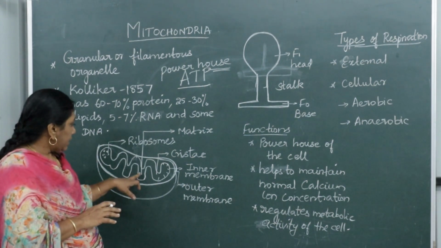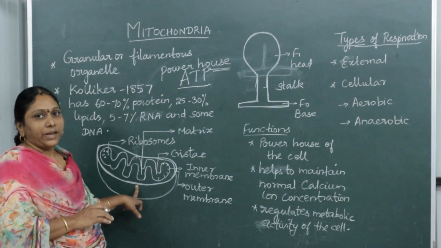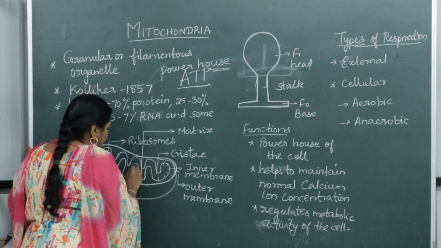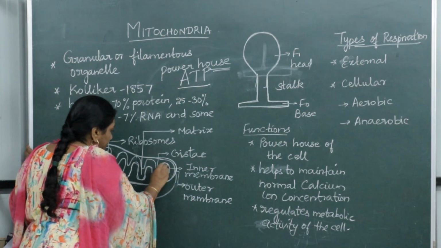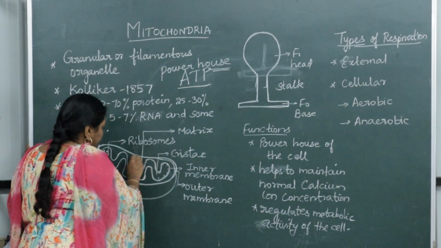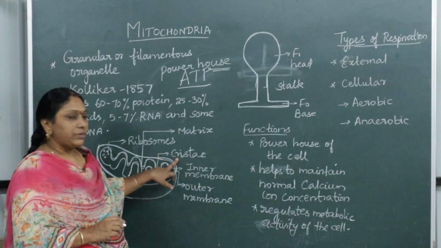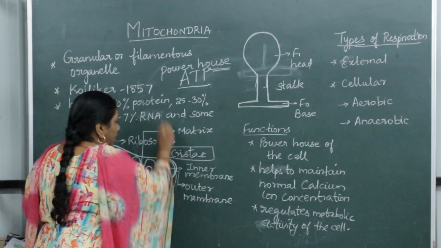After crossing the outer membrane, what is inside is the inner membrane. The inner membrane is not as smooth as the outer membrane. It has a lot of folds like this, many folds on the inner side, like finger-like projections. The finger-like projections found in the inner membrane are called cristae. What are cristae?